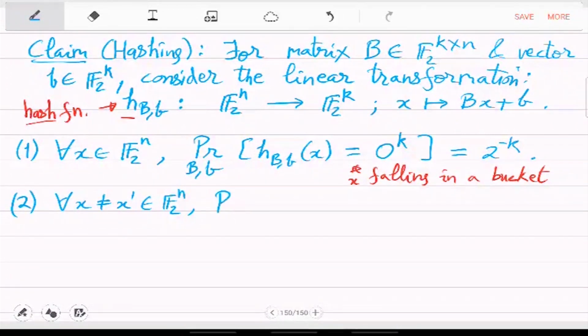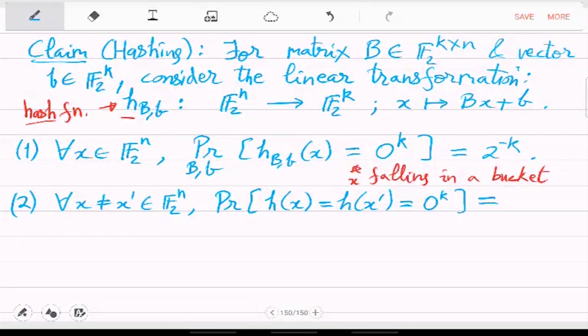So, now the probability that x and x prime have the same hash value, zero to the k. Okay, this probability is even smaller. So, this is why a random hash function is good.